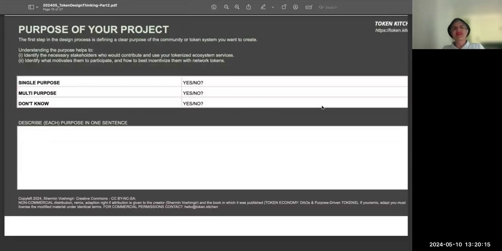Okay, so obviously the first question is: what is the purpose of what you're trying to do? Why is it important to understand or define the purpose and have it very clear? Maybe you're not clear about the purpose yet, but you can always circle back after you've gone through the whole questionnaire, because sometimes through this process you realize that you have to redefine the purpose, or sharpen it, or make it more compact, right?